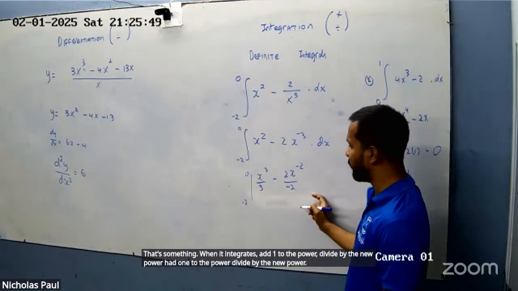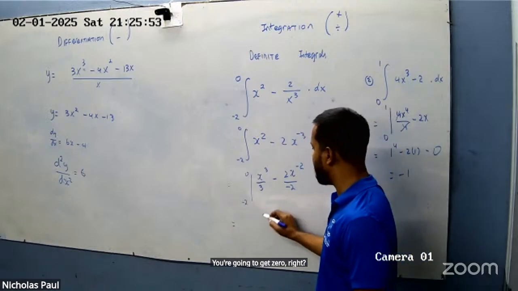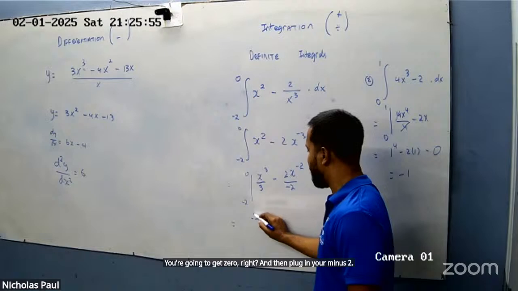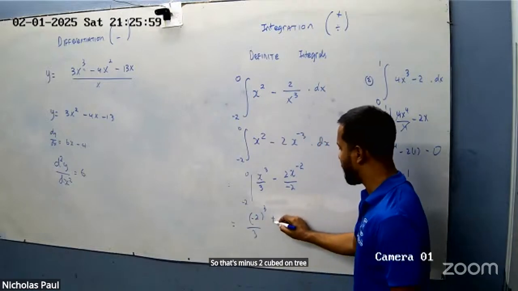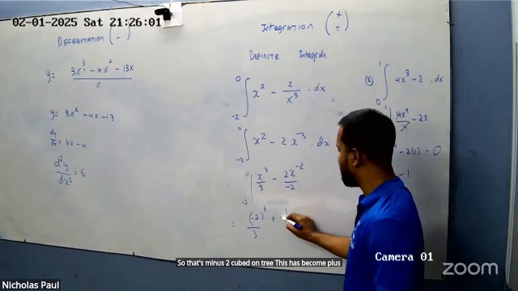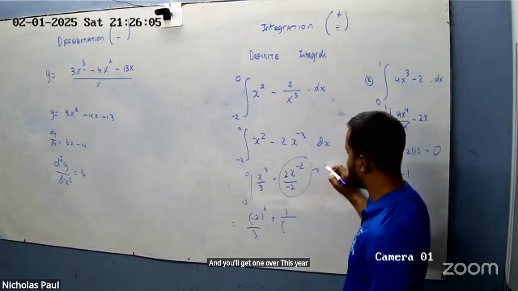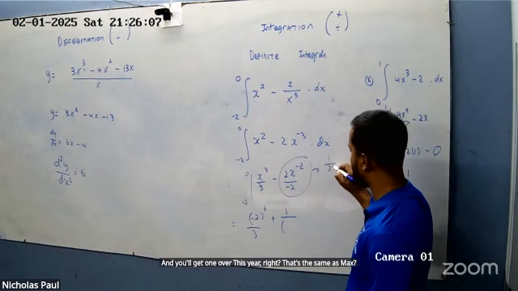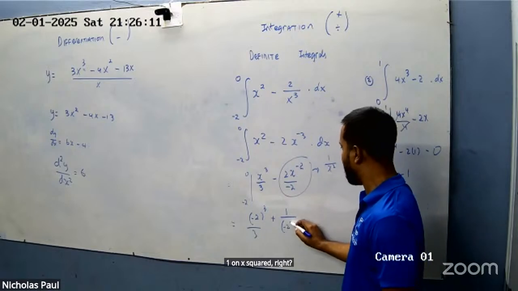Plug in your 0, you know you're going to get 0, and then plug in your minus 2. So that's minus 2 cubed on 3. This will become plus, 2 will cancel, and you'll get 1 over this, the same as 1 on x squared. So that'll be minus 2 squared.